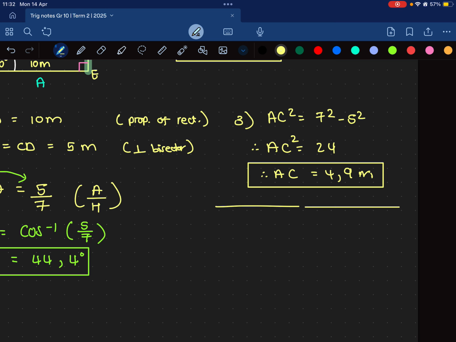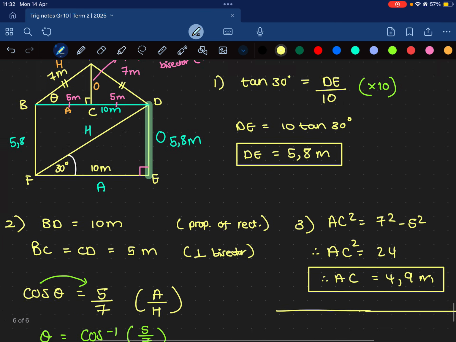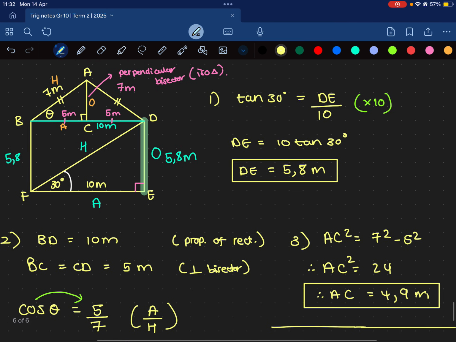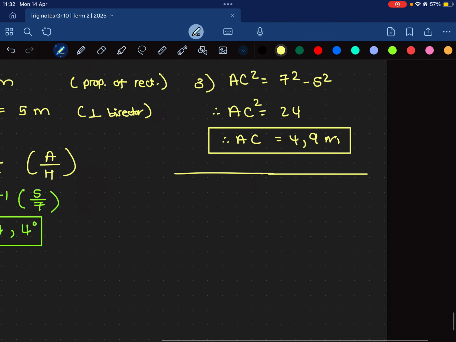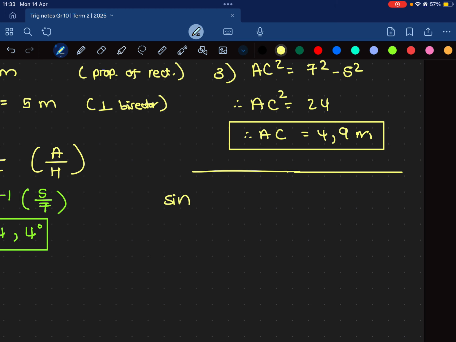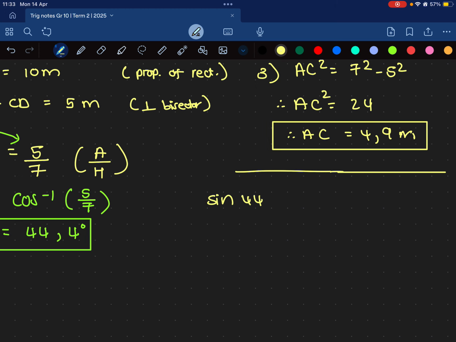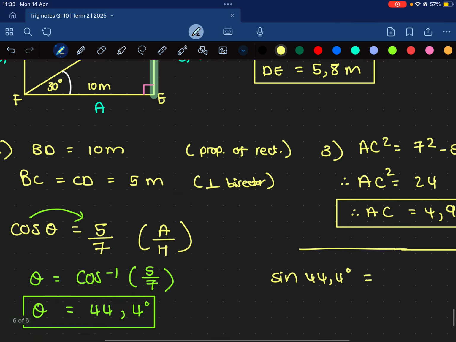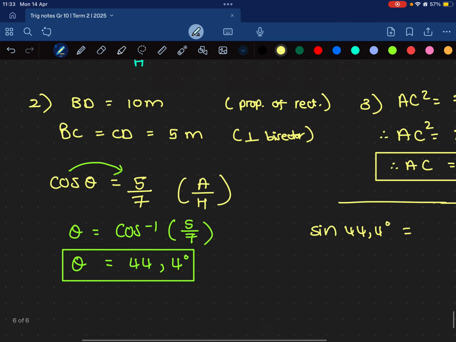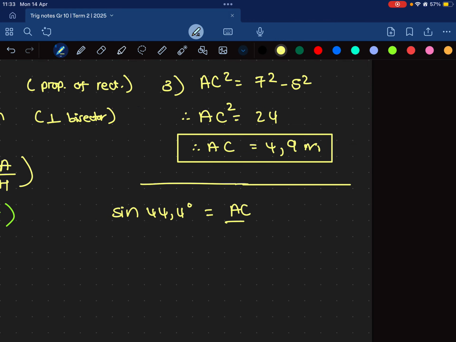If you wanted to use the trig function, if it's opposite, you can use either sine or tan, depending on what you want. So we'd say sine of 44.4 degrees is equal to opposite, which is AC, over hypotenuse, which is 7. So AC is equal to 7 sine of 44.4, and you'll see that you get the same answer.